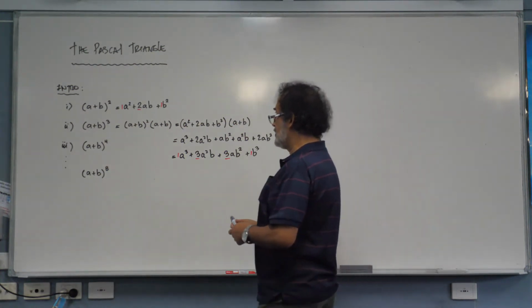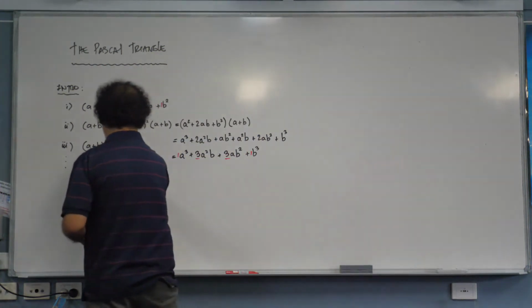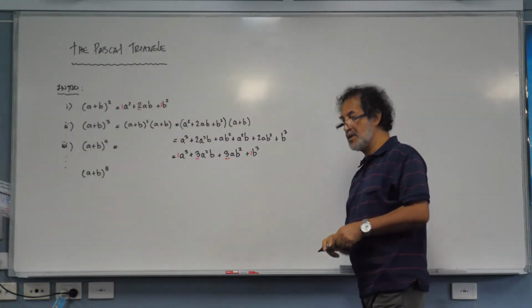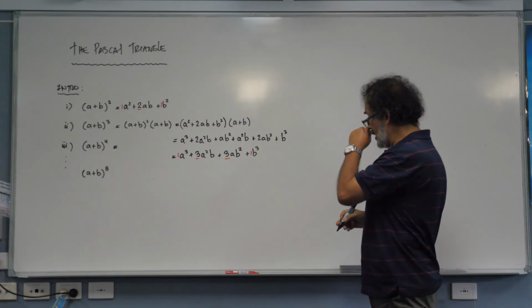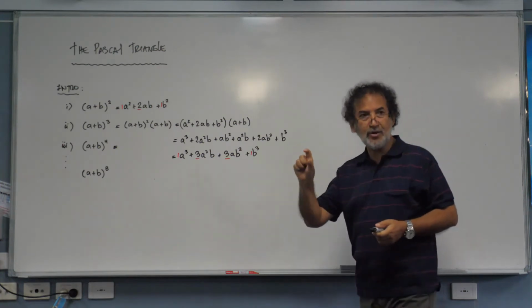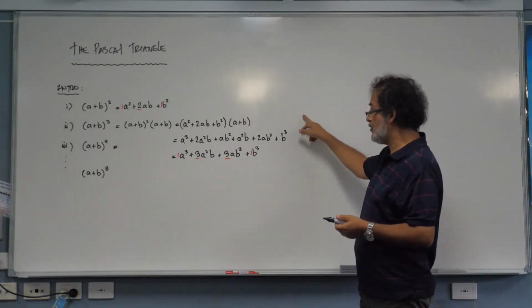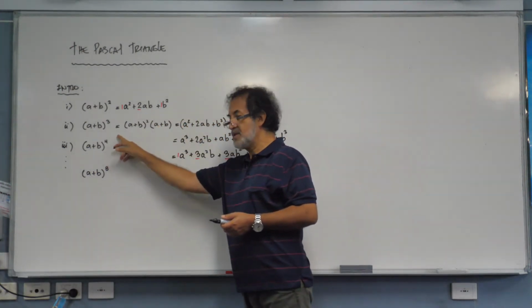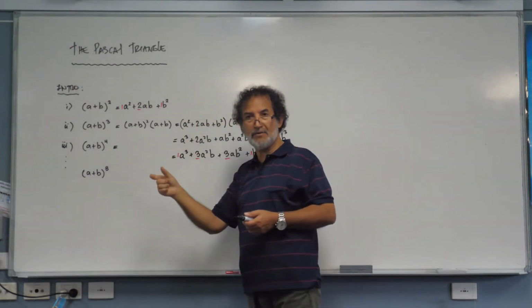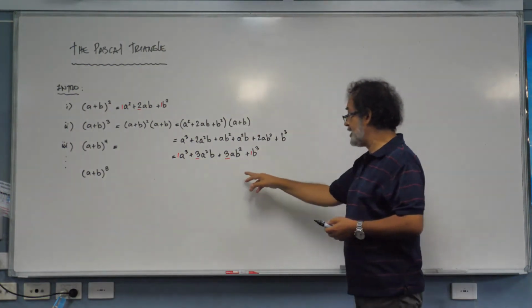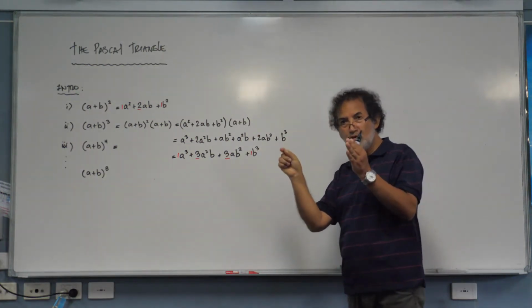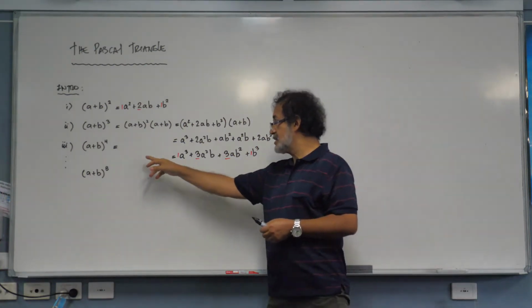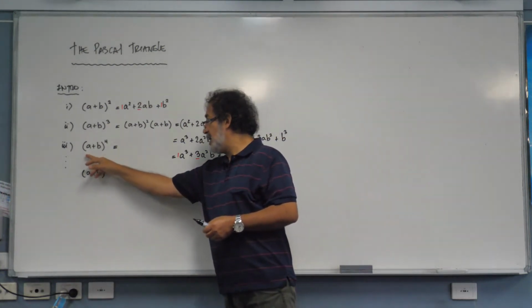I want you to do, by yourself, (A plus B) to the power of 4. Can you please do that? You already know the answer for A squared. So (A plus B) to the power of 4 is the same as if you do (A plus B) cubed multiplied by another (A plus B).